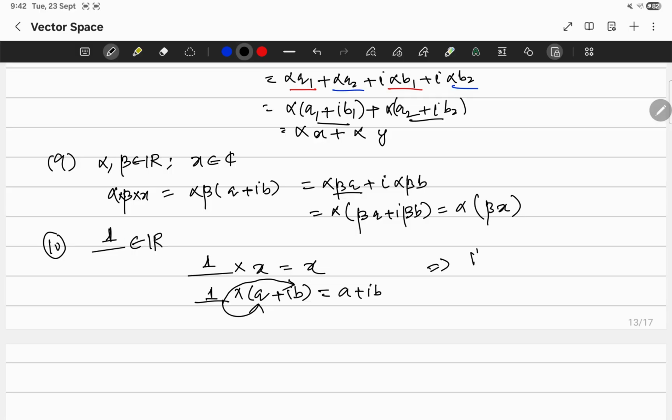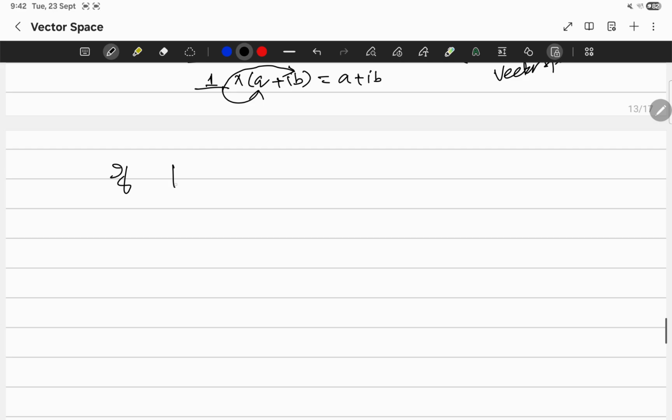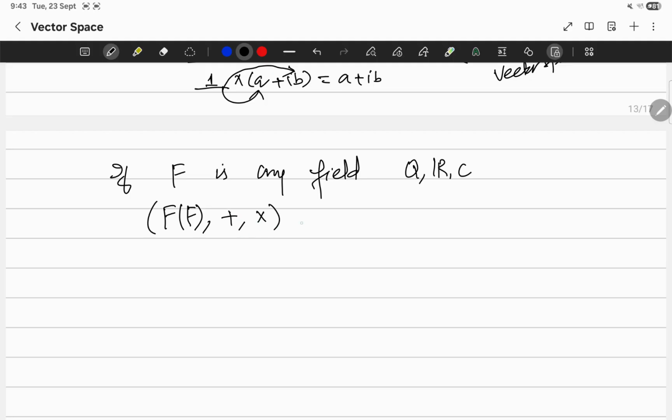It means that the complex numbers over the field R, with the usual addition and usual multiplication, form a vector space. Remember, if F is any field, for example Q, R or C, then F over F with addition and multiplication is always a vector space.